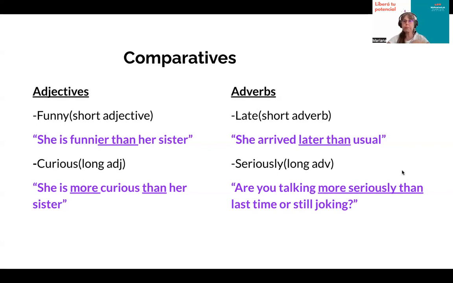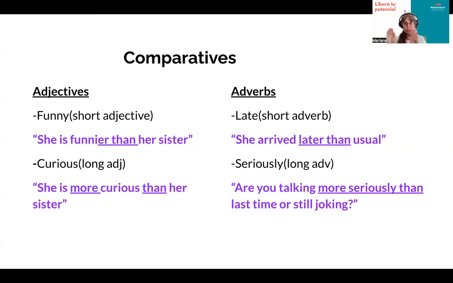Now adverbs. As we said, explaining the difference between adjectives and adverbs, we need an action here. And that action is going to be modified by that adverb. And of course, we will have 2 things that we will be comparing. In the sentence, she arrived later than usual, we are comparing the 2 times that she arrived late, and she usually arrives early.